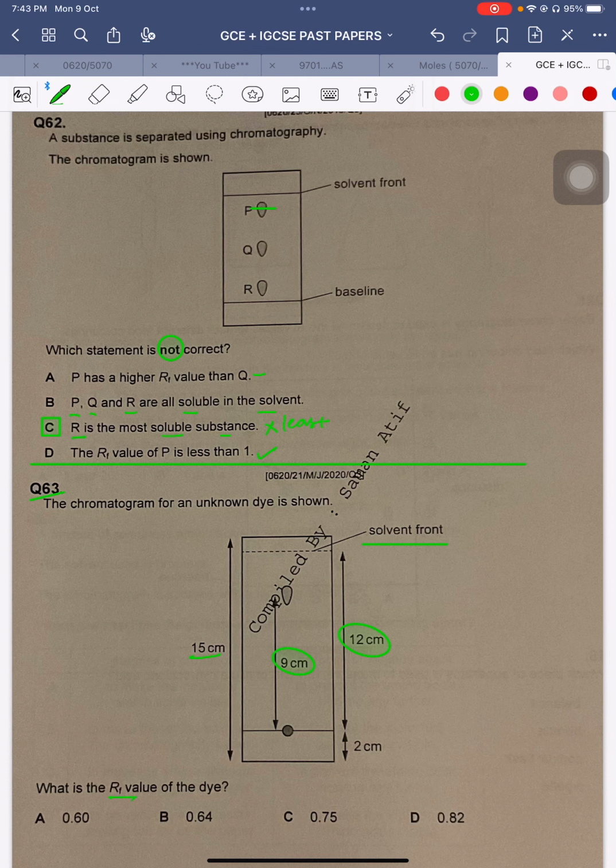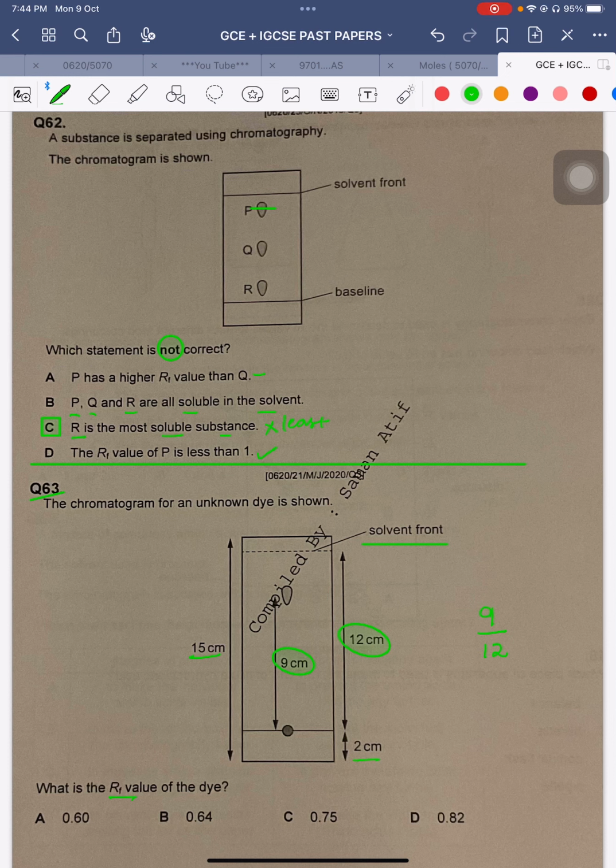What is the RF value of the dye? It is 9 divided by 12. It is the distance traveled by the dye divided by the distance traveled by the solvent. So we have nothing to do with this 2 and 15.